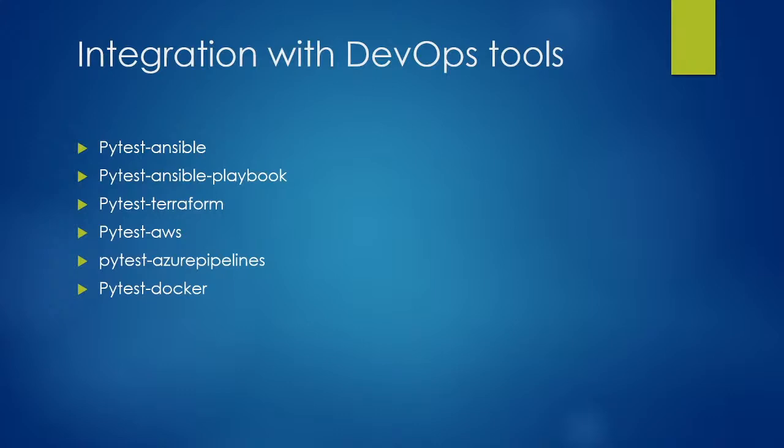PyTest Ansible is a plugin with which we can check scenarios in Ansible. Ansible is a configuration and management tool we can use to configure and manage different clouds, different containers, etc. There is a lot of functionality in Ansible. An Ansible playbook is code written in a playbook, and we can do a lot of Ansible functionality using a single playbook, a single piece of code at a high level.